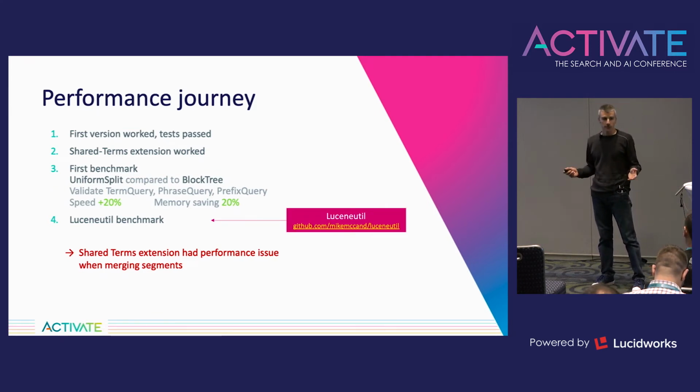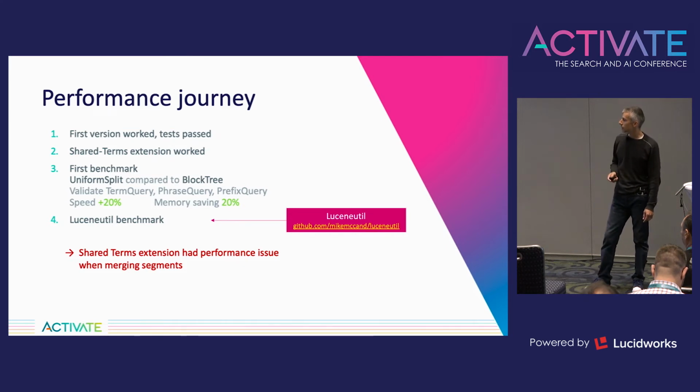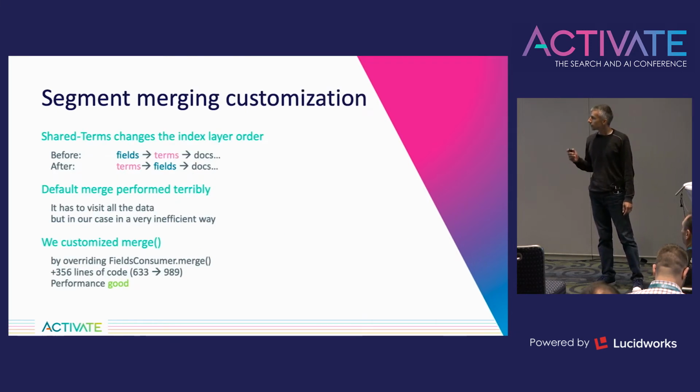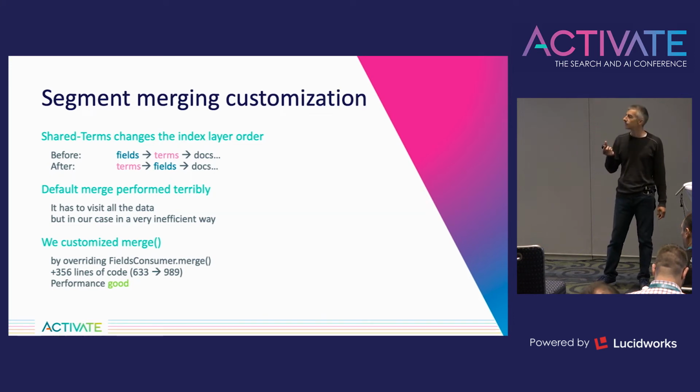And as soon as we started indexing data, creating segments, merging segments, boom. The short-term extension had very bad performance when merging segments. So we investigated. Remember, we swapped the index layers.